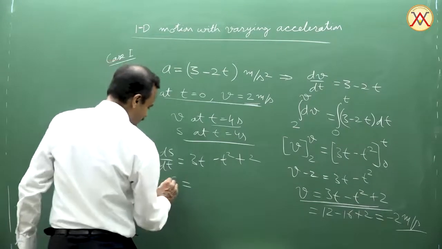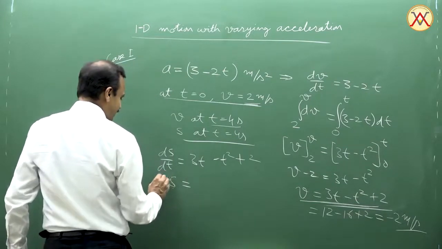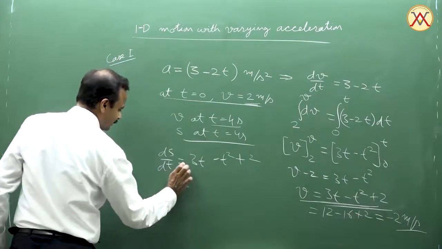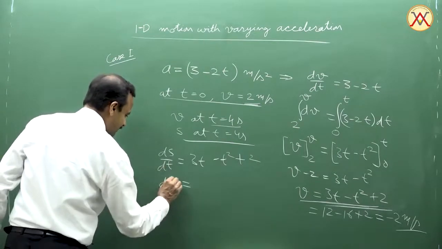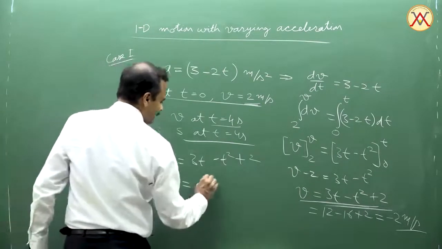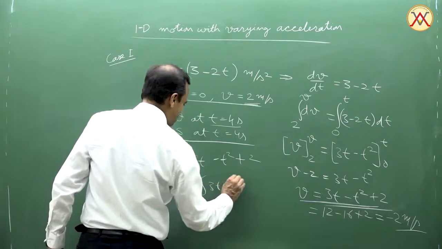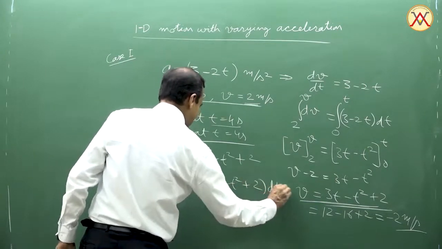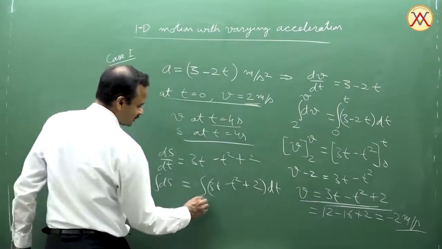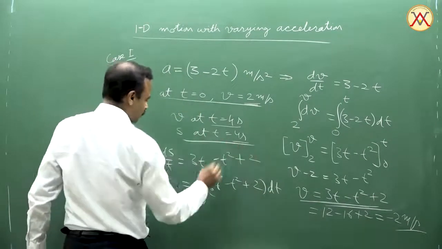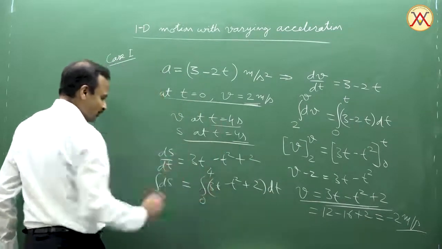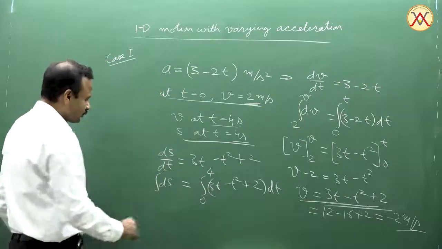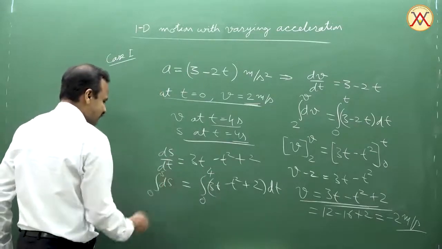Integral of ds equals integral of 3t minus t square plus 2 dt, with limits for time 0 to 4, because our aim is to find displacement at 4, and 0 to s for displacement.